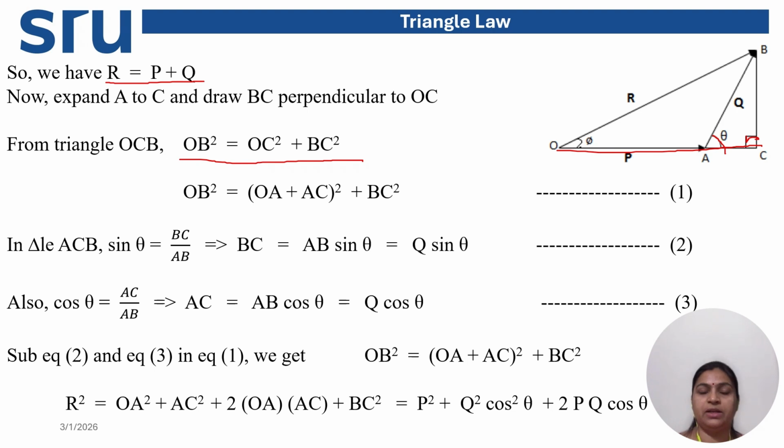From the triangle ACB, sin theta is BC divided by AB, so BC is equal to Q sin theta, and similarly cos theta gives AC equal to Q cos theta.